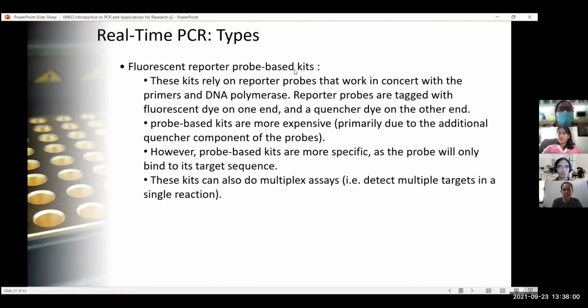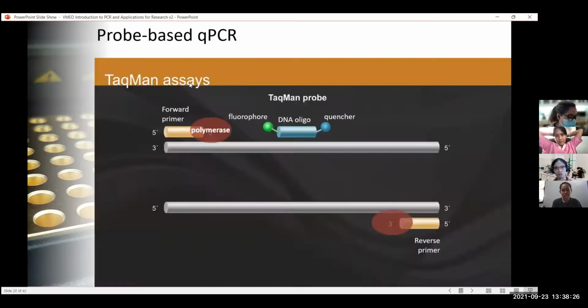But if you use probe-based PCR, you can detect both TGE and PED in just 1 tube, because you'll just use 2 probes. So you can do as much as 5 or 9. I've seen publications having multiplex PCR reactions as high as 5 or 9. So that's the advantage of real-time PCR using the probe-based method.